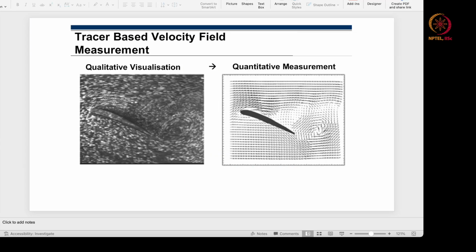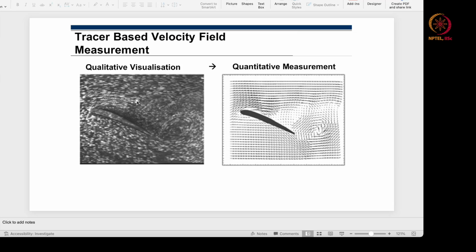Flow visualization, and we will do several of them. One is, of course, particle image velocimetry. So you can have tracer-based velocity measurements. That means you put something into the medium and you start visualizing the flow field. So in this case, for example, this is an aerofoil, and what the experimentalists did, they put some tracer particles.